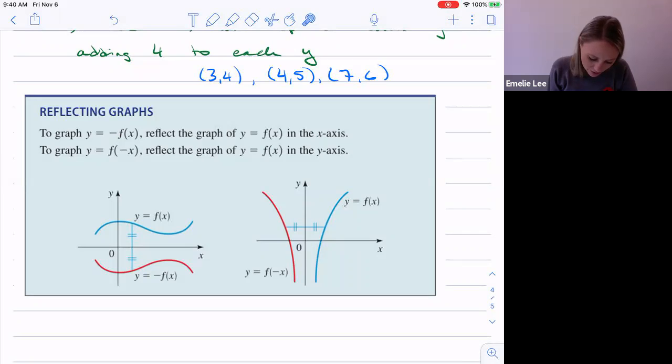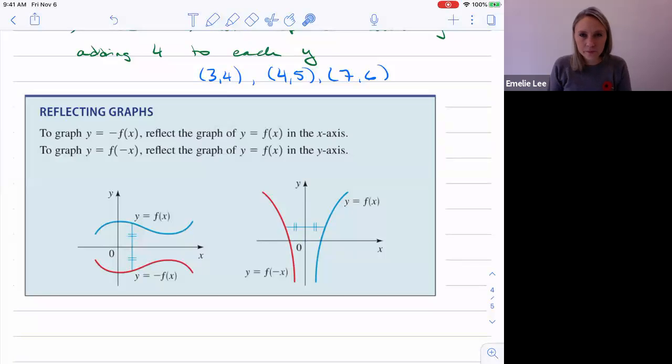Notice that if you're reflecting around the x-axis, well, this y value, this positive y, becomes a negative y, right? Which is exactly what you're doing here, okay? If the negative is on the x, right, then you reflect around the y-axis, right? So this positive value of x becomes a negative value of x.